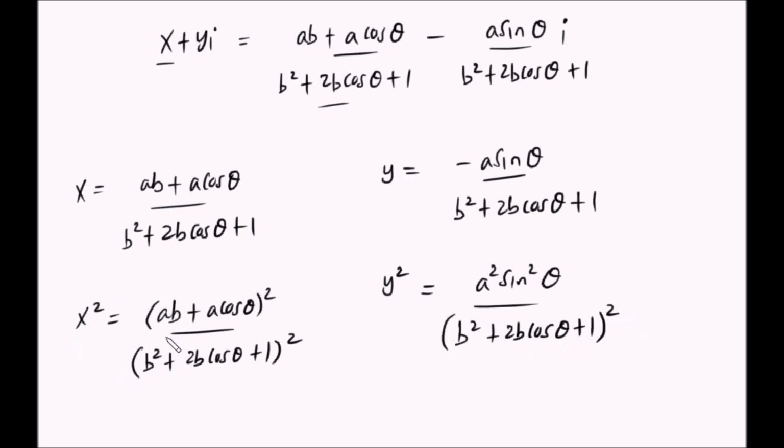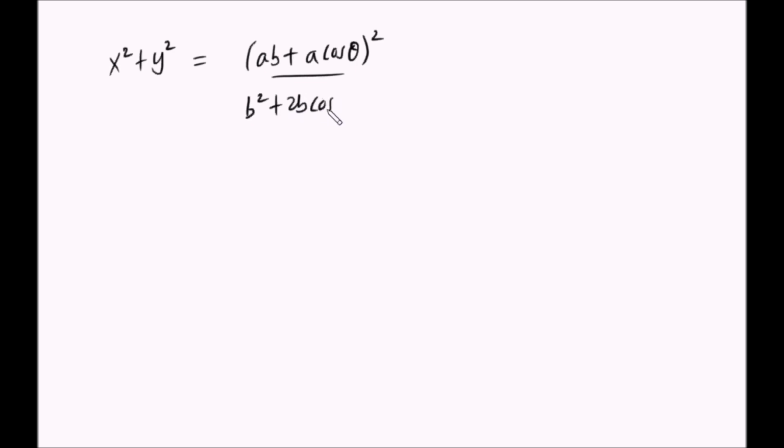So now x square plus y square, you take this plus this like so. X squared plus y squared means you take this ab plus a cos theta squared over b squared plus 2b cos theta plus 1 squared. So this was x squared, and y squared is this.